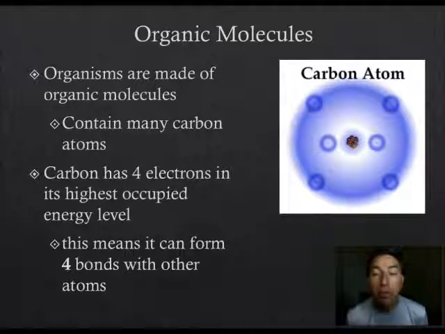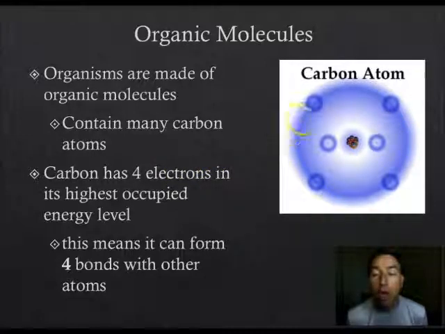There are some exceptions. For example, carbon dioxide, even though it has a carbon in it, is not an organic molecule. Usually organic molecules contain two or more carbons. However, another exception is methane. Methane's chemical formula is CH4, and it's an organic molecule, but it only has one carbon in it.